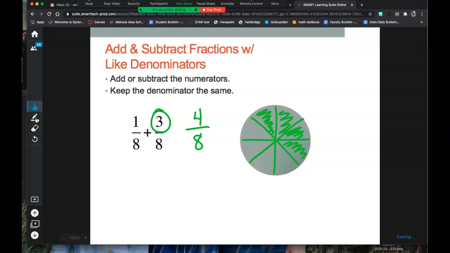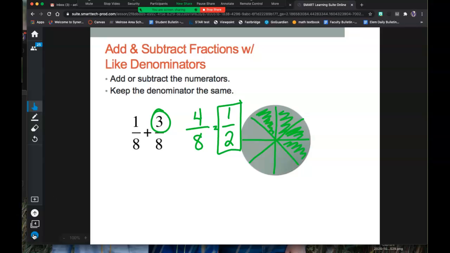Hopefully not, eating half a pizza is a lot. But 4 out of 8, I can simplify that to 1/2. You have to make sure that you simplify your fractions as we go today. So don't forget to simplify everything.